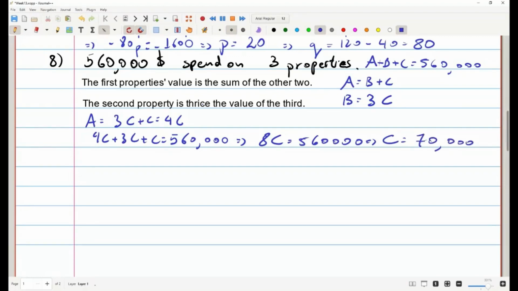Now I have B in terms of C, so B will be 3 times that much, so it'll be 210,000, and then A will be 4 times as much, which is 280,000. That completes exercise 8.